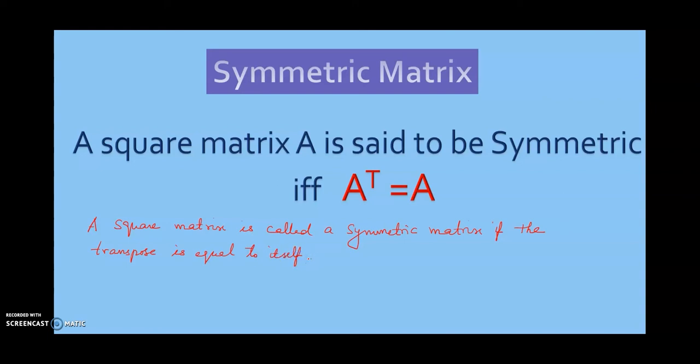So any matrix whose transpose is equal to the matrix itself is called a symmetric matrix.